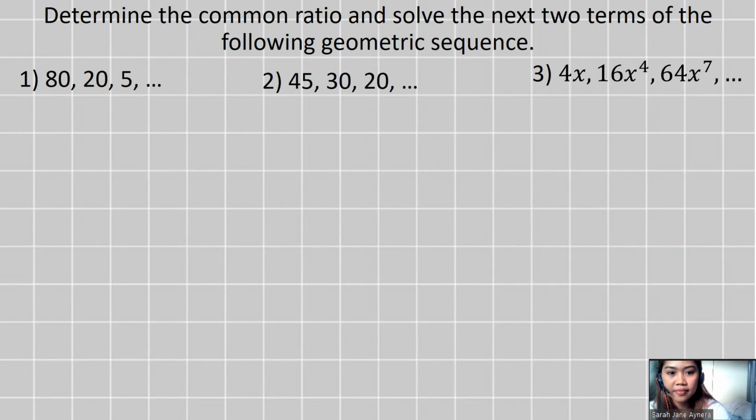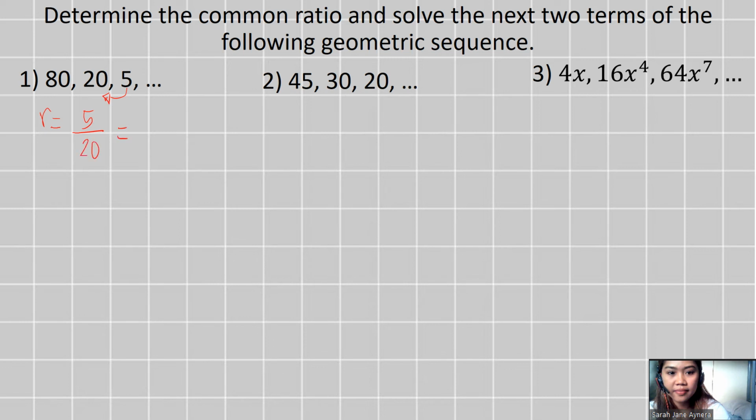Now, let us determine the common ratio and solve the next two terms of the following geometric sequence. So, for number 1, we have here the geometric sequence 80, 20, 5, and so on and so forth. So, to get the common ratio, we can choose any term. So, I'll choose 5, divided by its preceding term, 20.